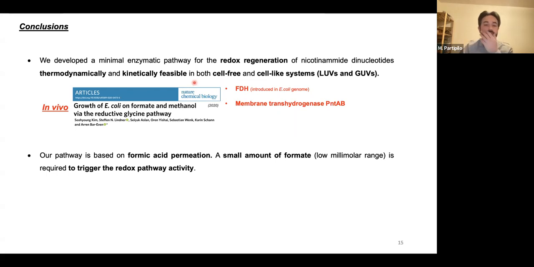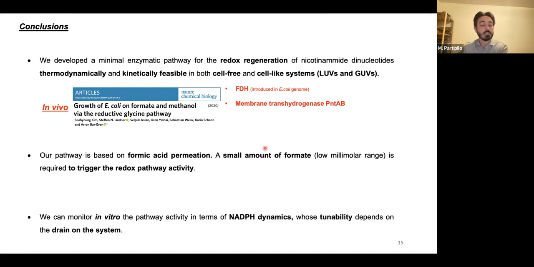Another consideration and conclusion is that our pathway is definitely based on formate permeation, and we need only a small amount of formate to trigger the activity of the pathway at an optimal rate. So this is quite good if we think about possible osmotic stresses if we instead would need a higher amount of formate. And indeed, we are also able to monitor in vitro the activity of the pathway, mostly as NADPH dynamics, although I showed you that you can also observe activity as reduced cofactors.